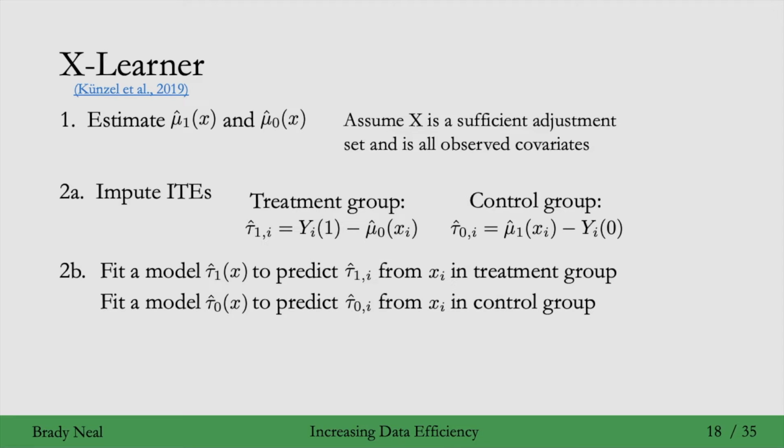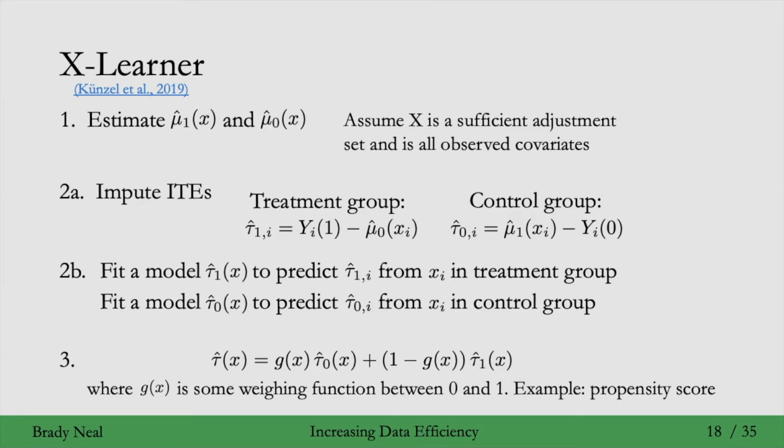In step 3, we combine these using a weighting function, g of x here, that can be anything that outputs numbers between 0 and 1. In the X-Learner paper, they say that they find that using the propensity score works fairly well, which we'll see shortly. But you don't need to be using the propensity score.